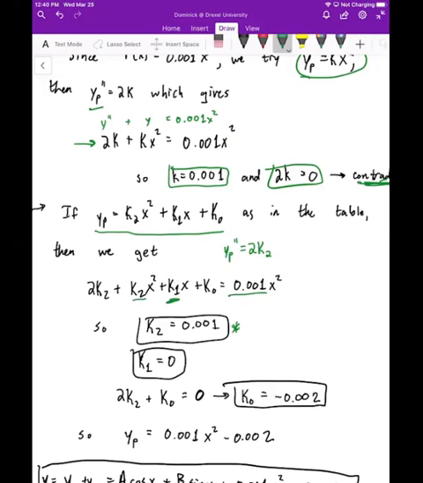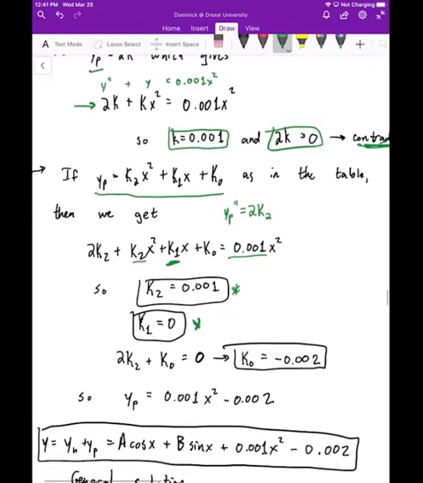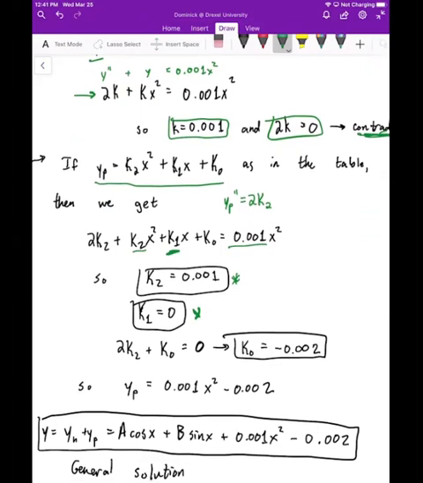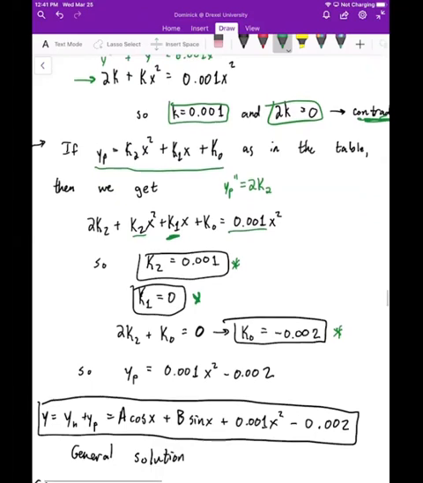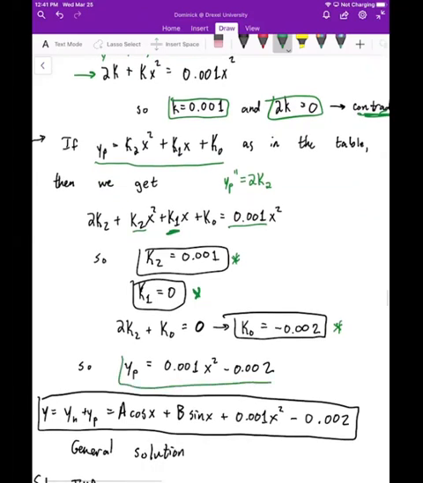There's no x term on the right-hand side, so k1 has to be 0. And for the constant terms, I have that 2 times k2 plus k0 would have to be 0 since there's no constant. But we know that k2 is 0.001, and we can arrive very quickly that our k0 is minus 0.002. So that tells us that our particular solution is 0.001 x squared minus 0.002.